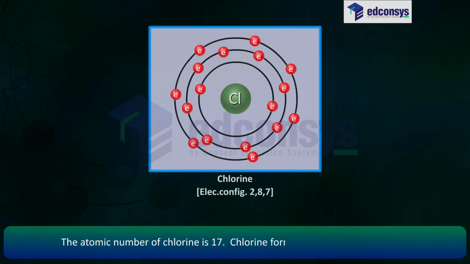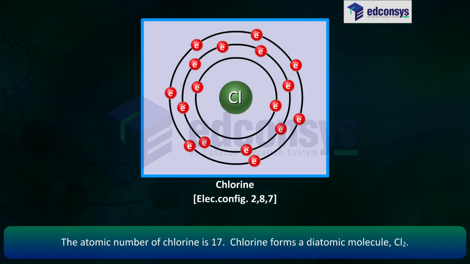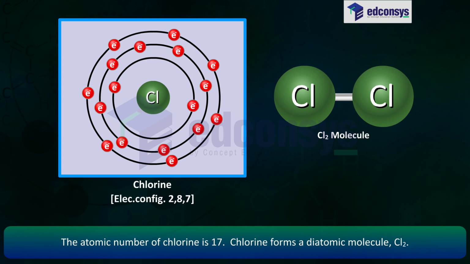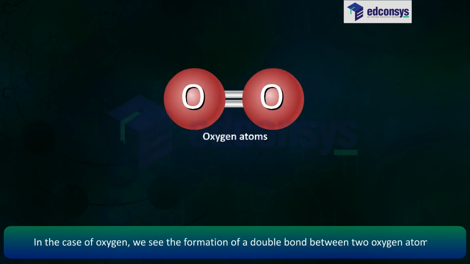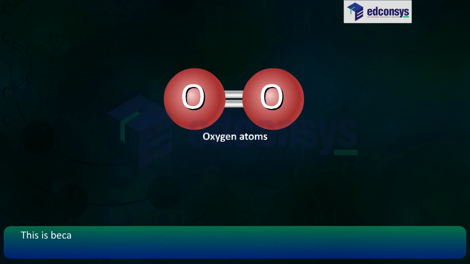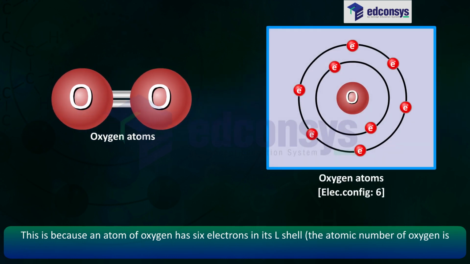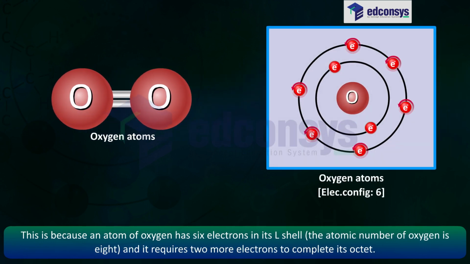The atomic number of chlorine is 17. Chlorine forms a diatomic molecule, Cl2. In the case of oxygen, we see the formation of a double bond between two oxygen atoms. This is because an atom of oxygen has 6 electrons in its L shell.